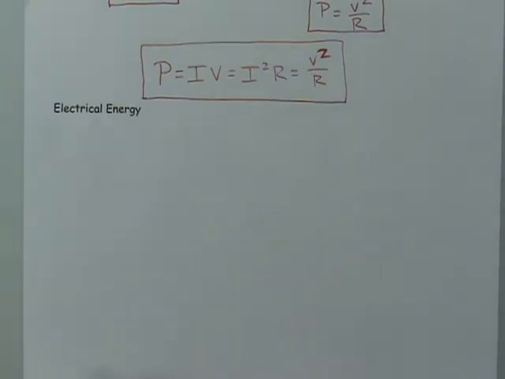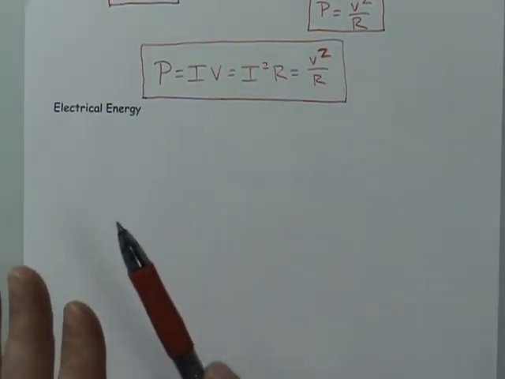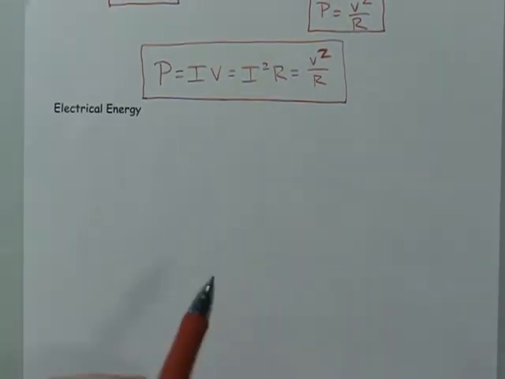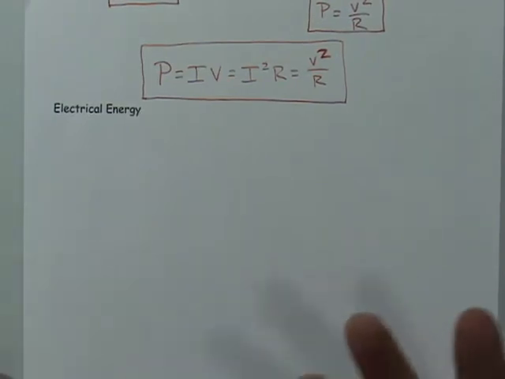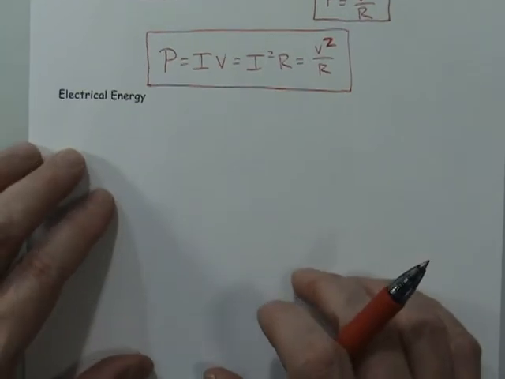It's an inconvenient unit, because this is no exaggeration: you probably use in your house or apartment more than 1 billion joules per month just from your electric bill alone. So it's really kind of a unique thing. This unit of energy that we're going to derive right now is really only used for electricity.